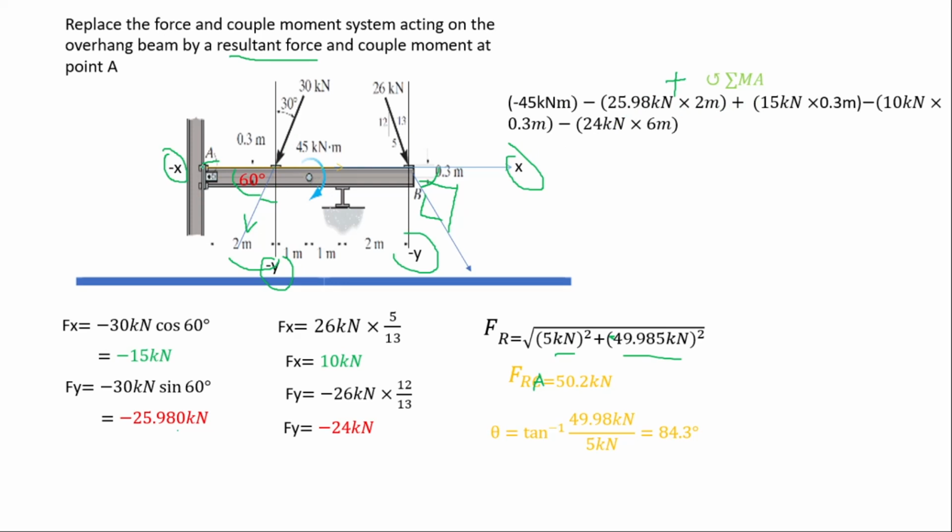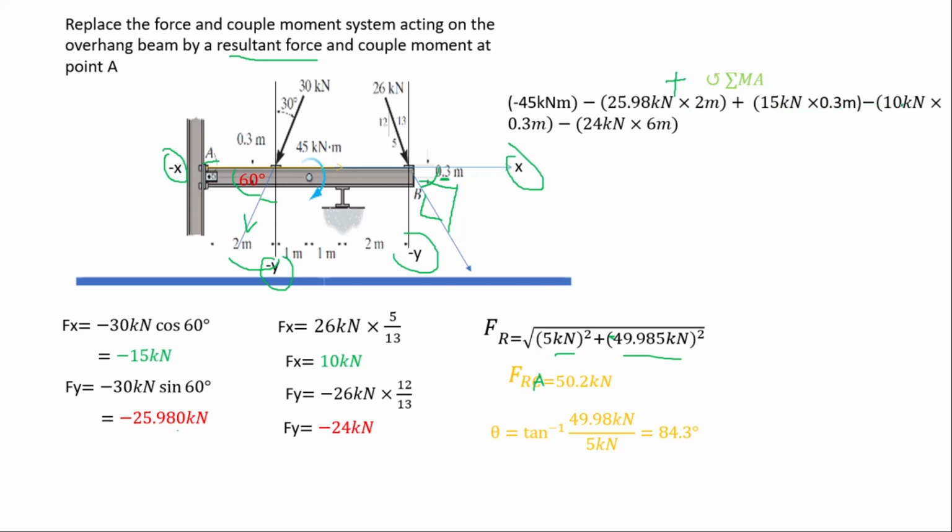Now the 50 kilonewton is here. If it's here and it's moving to A, it will move in the anticlockwise direction, and the distance is 0.3 meters. So we have 15 kilonewton times 0.3 meters.